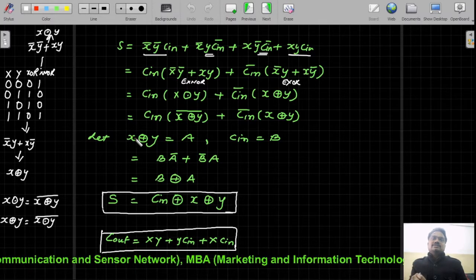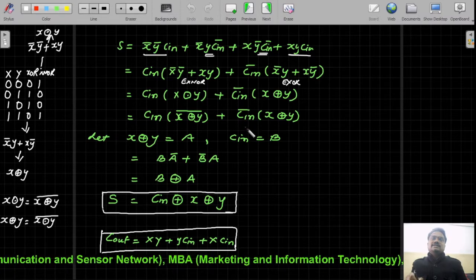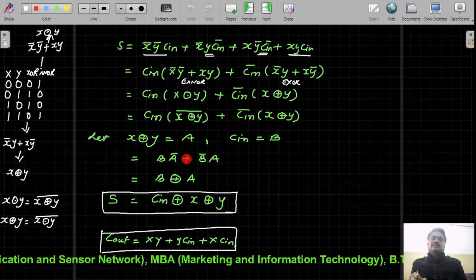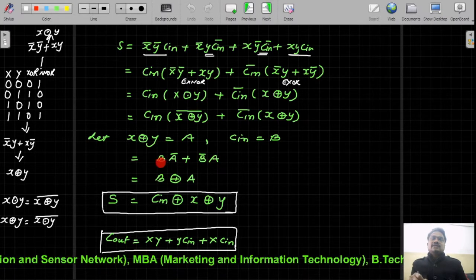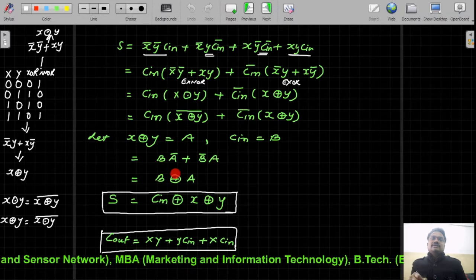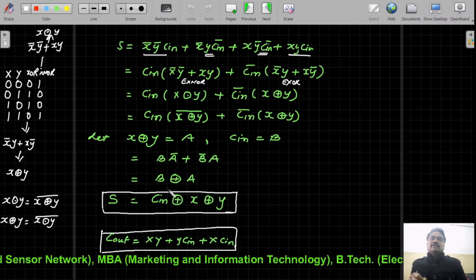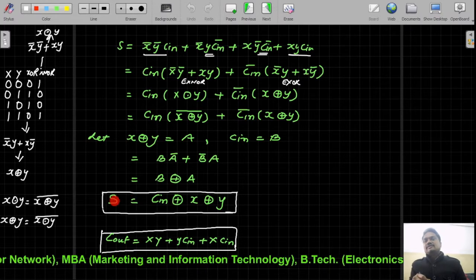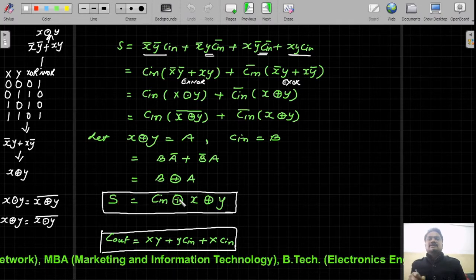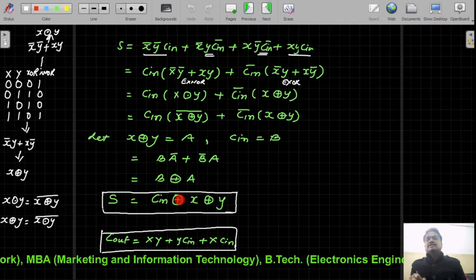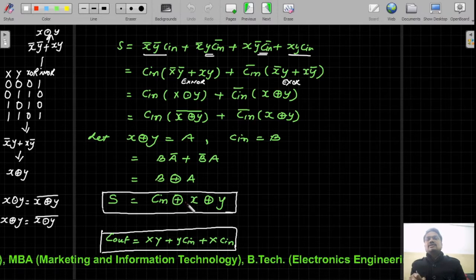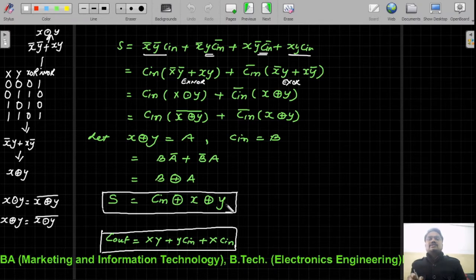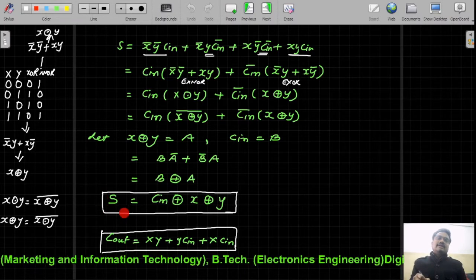If we assume X XOR Y as A and Cin as B, then we get the XOR output expression. Replacing the assumed values back, we get the S expression as Cin XOR X XOR Y. So this is our S expression.